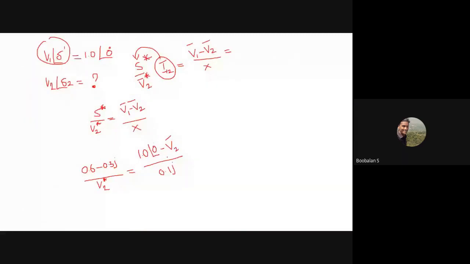Now we're just going to cross multiply everything and frame one equation. Just frame this equation once again.